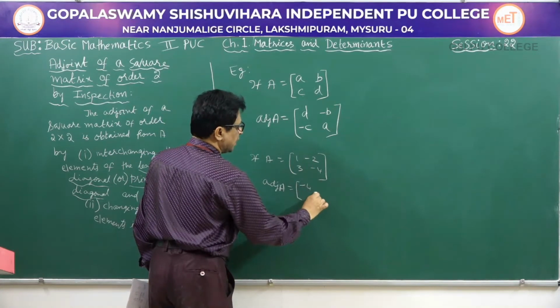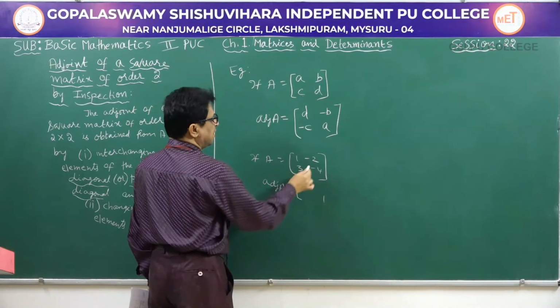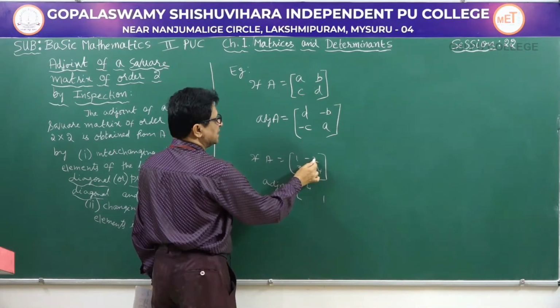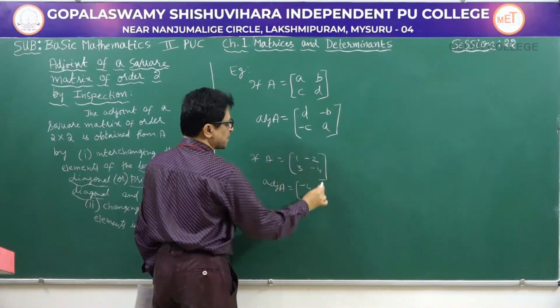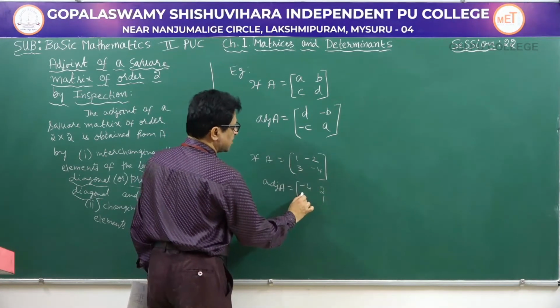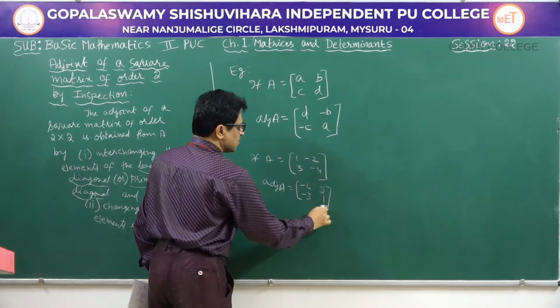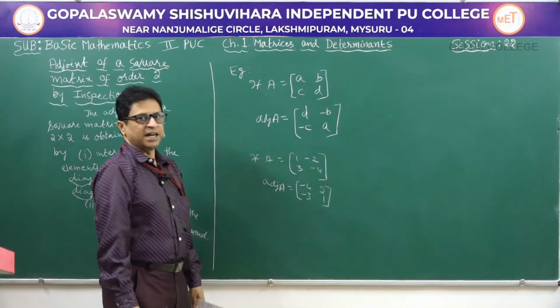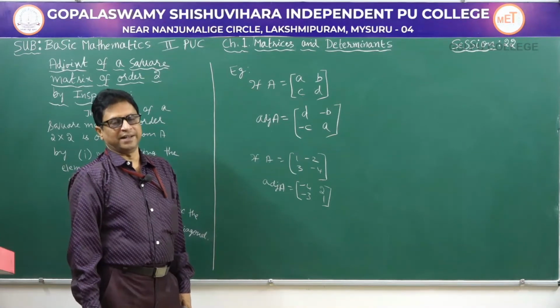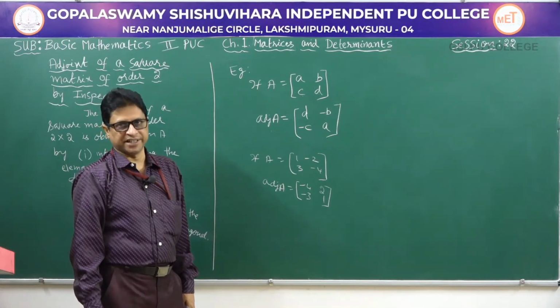So, here minus 4 and 1, and we have to change the sign of the elements in the other diagonal. So, minus 2 is present here, we will write 2, and 3 is present in A, in adjoint A it becomes minus 3. So, you can find directly adjoint A of a 2 cross 2 matrix by inspection.